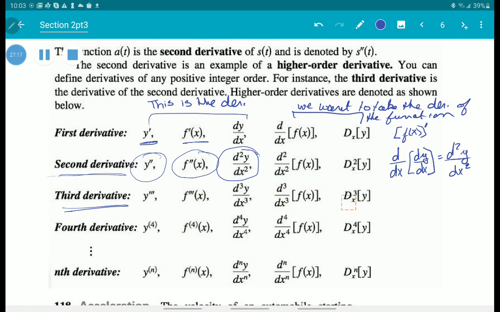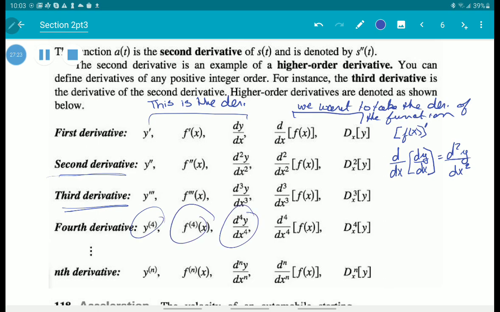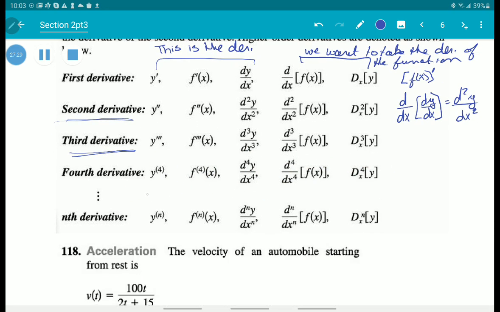It's just in the place where an exponent would live. So you've got that fourth derivative. This means you want to take the fourth derivative of whatever follows. Now, occasionally, you will see this written in Roman numerals. We'll do that occasionally. For the fourth derivative, you don't really see the Roman numerals.